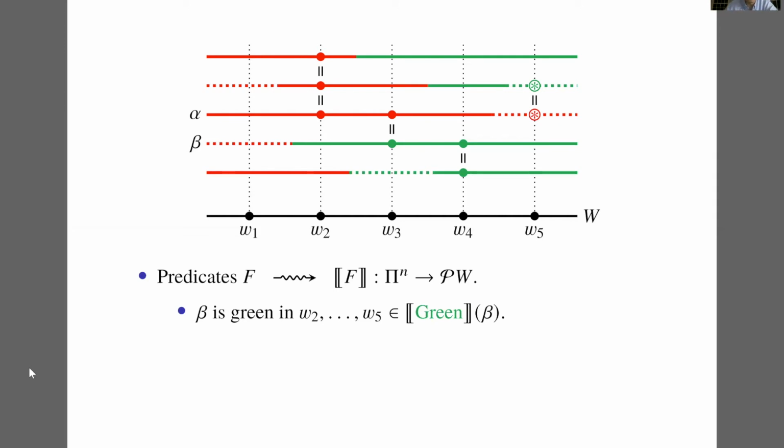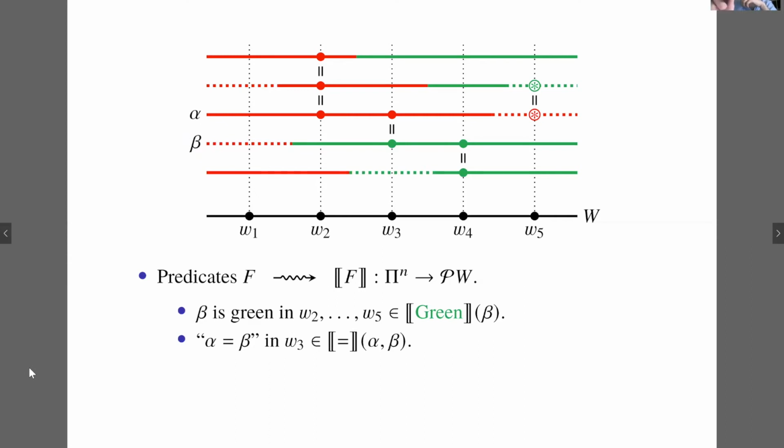So for instance, look at this green and the red, and then beta is green. This intention beta is green in W2, W3, W4, W5, but it is not in W1.